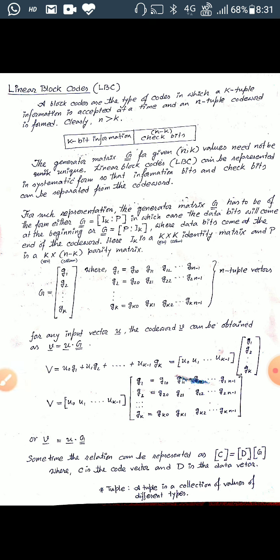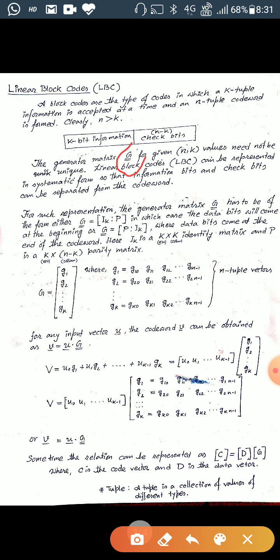The generator matrix is defined by G, double underlined, as (n, k), where n is the code word length and k is the message length.